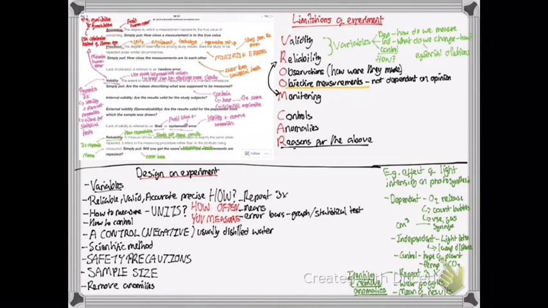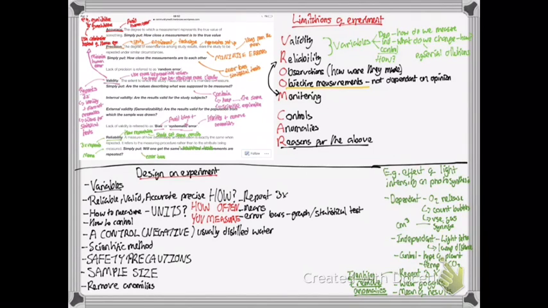It might say he measured the amount in the pipette, and it doesn't tell you how he measured it. So you should just assume and mention these things. Should get eye level. Should measure from the bottom of the meniscus.